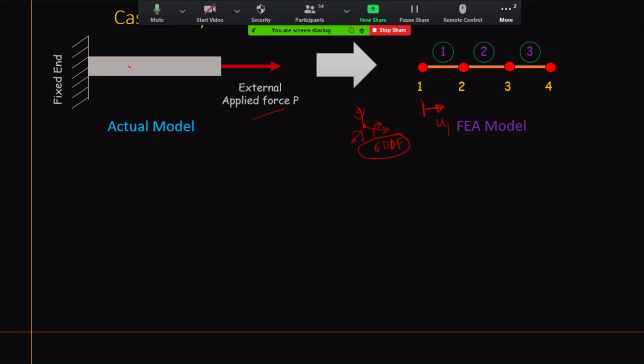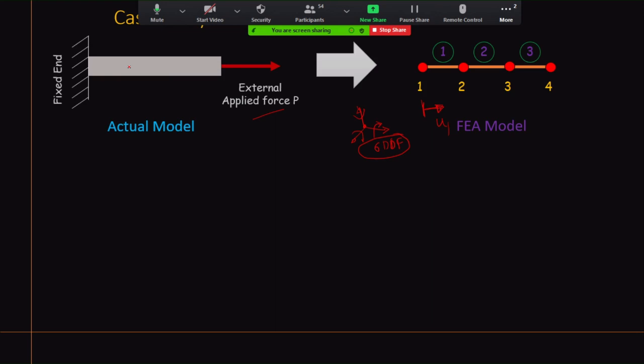Deformation will not happen in the perpendicular direction, and whatever deformation happens in the perpendicular direction is very little. If it is deforming 5 mm, here it may be 5 micron or something, which is negligible. We are least interested in that, so it can be neglected quite easily. We can assume each node is having only one DOF, that is, degree of freedom. One DOF each, and altogether we have 4 nodes, so obviously the total model has 4 degrees of freedom.